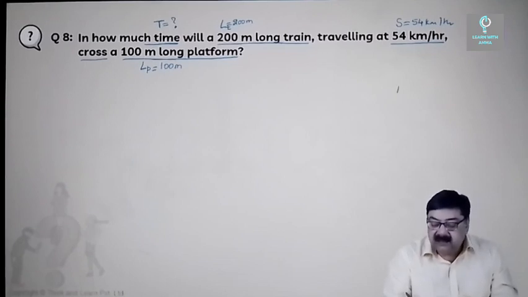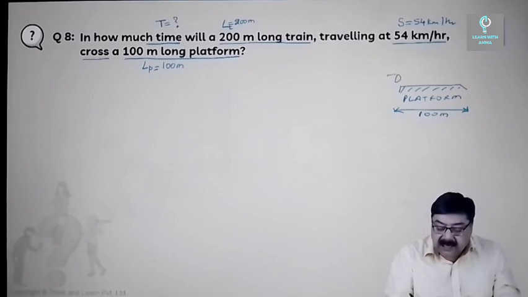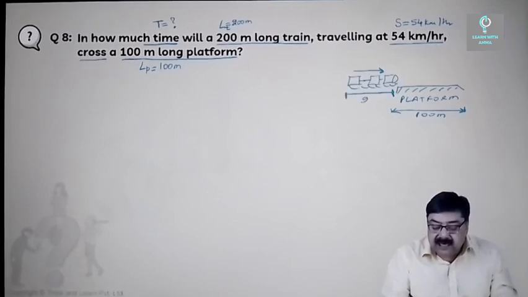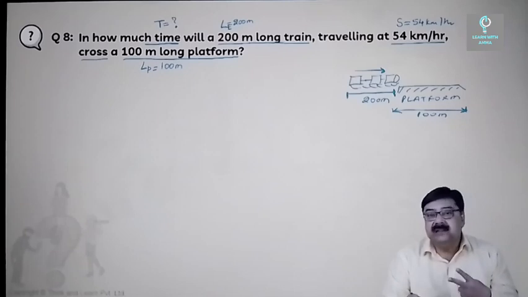Now what's happening here? Let us say that this is a platform. Length of this platform is given to us as 100 meters, and as a train is approaching from this side, the length of the train is known to us as 200 meters. And when the train crosses the platform, it has to cross two lengths.